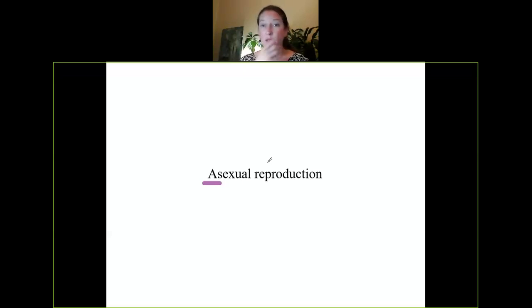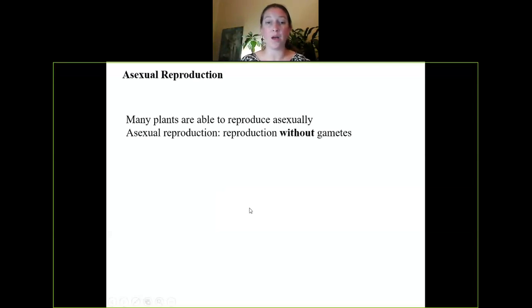So anytime you see a normal word that has a letter A in front of it, it means without that. So asexual reproduction means reproduction without sex, without gametes, egg and sperm. How can that be? Well, it can be.